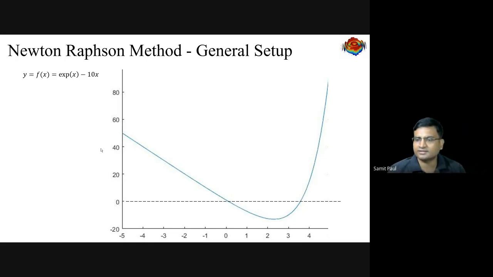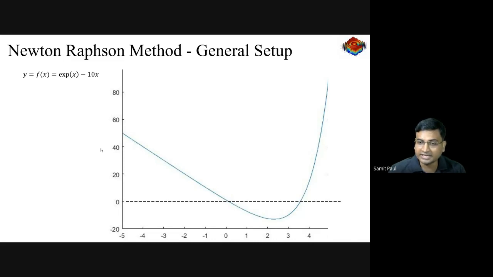In the previous method, bisection method, we had to give 2 initial guesses, and that too, you cannot just give any 2 numbers. It must contain 1 root. If it had contained 2 roots, then it will give you an error, or the program will not give you a result.